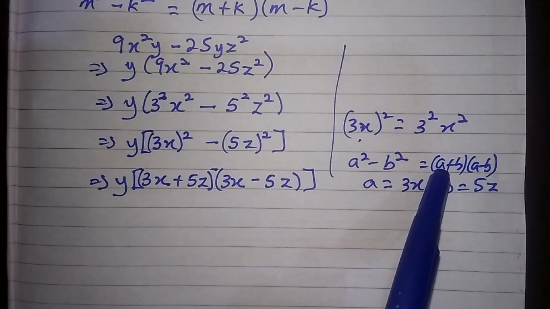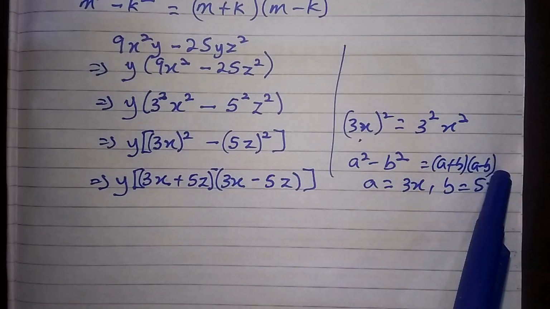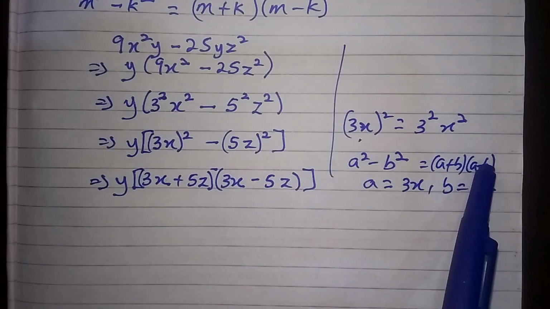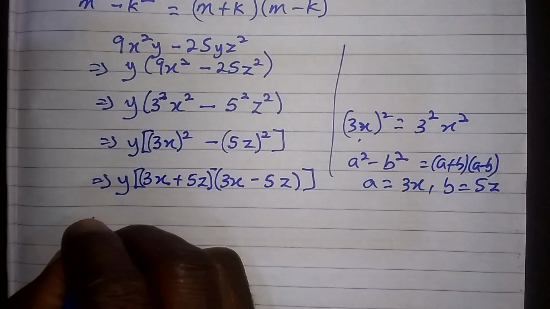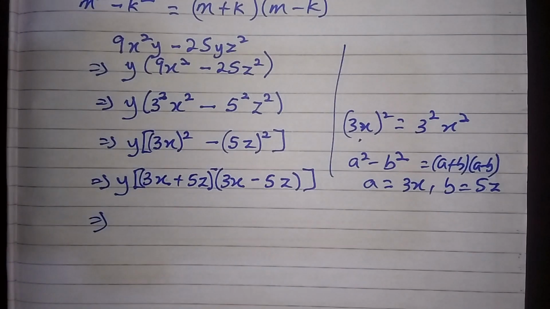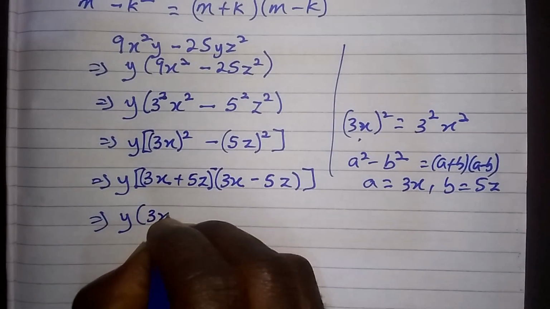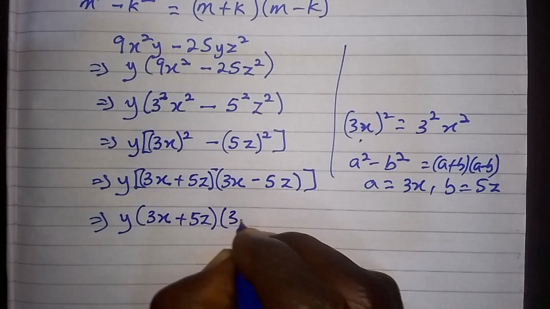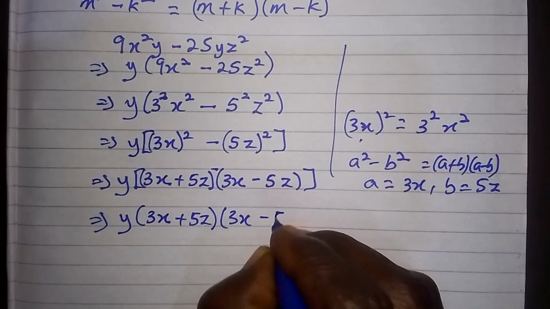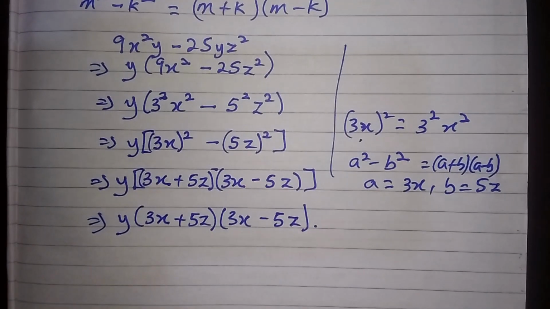So a is 3x plus b, which is 5z. The next bracket, a, 3x, minus b, which is 5z. This is all that is required of us. So our final answer is y into bracket 3x plus 5z, bracket 3x minus 5z. This is all that is required of us.